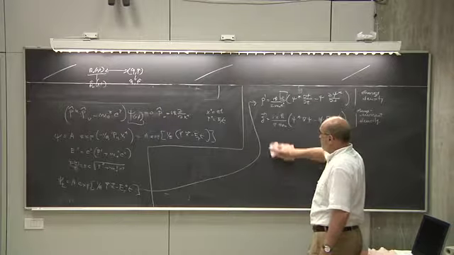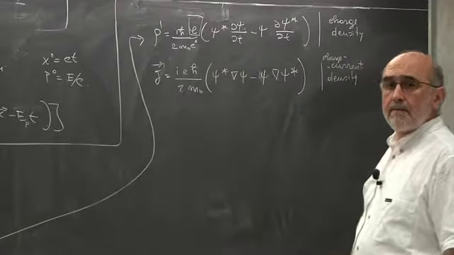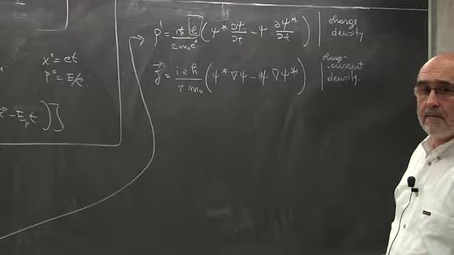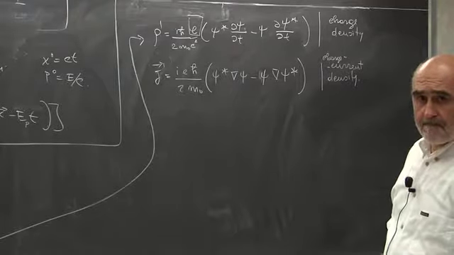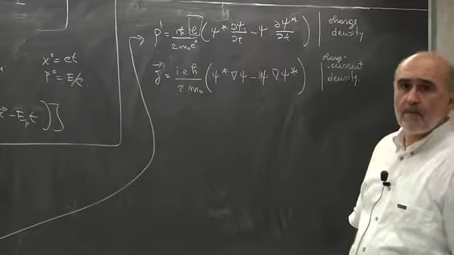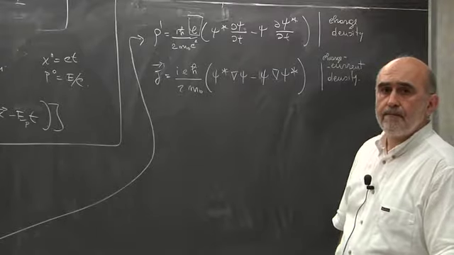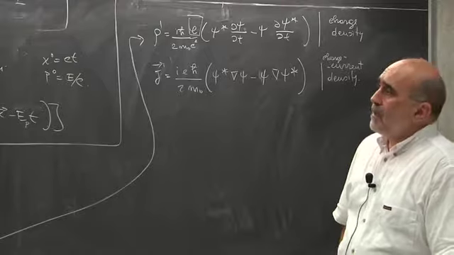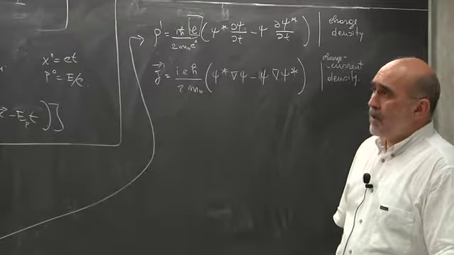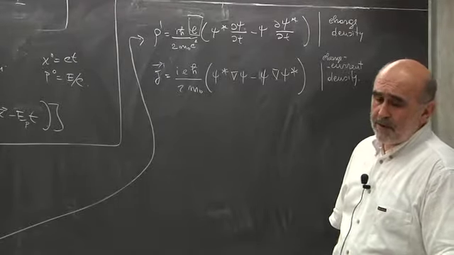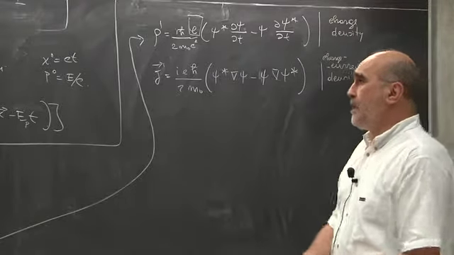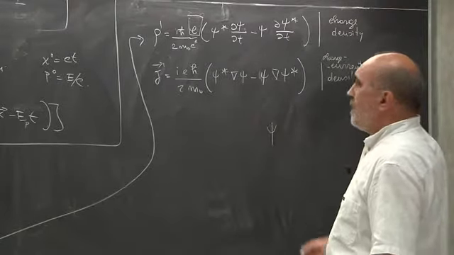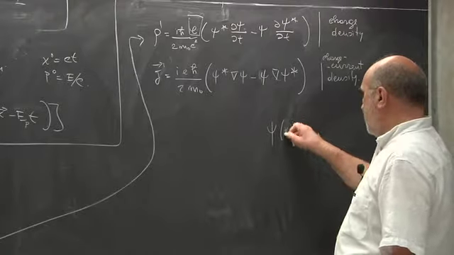Yes? For now, I'm familiar with the charge and the spin, and I saw it describes charge and spin. Is there another thing, other than charge and spin, that's described by the Klein-Gordon equation? Well, for the Klein-Gordon equation there are not, but you can have other quantum numbers. This is the wave function.